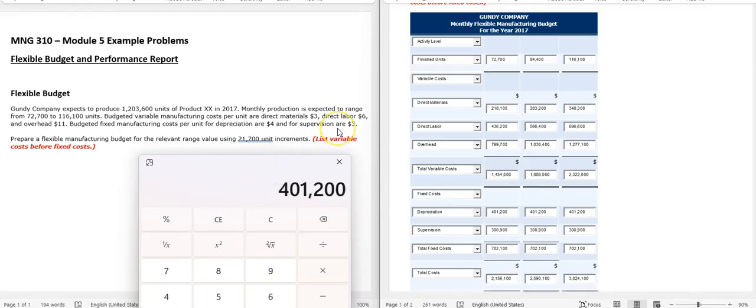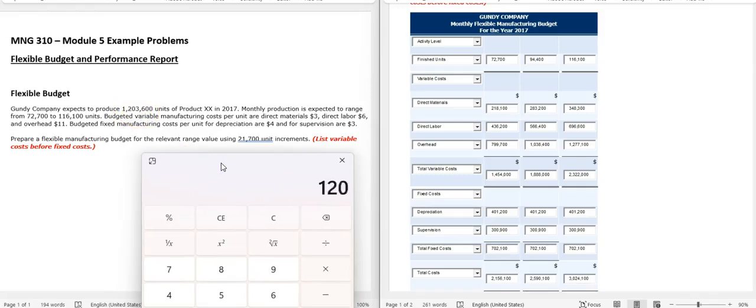Same thing for the supervision, 1,203,600 static budget, total units produced for the upcoming year, budgeted at $3 per unit in supervision fixed cost. They are anticipating total supervision fixed costs of $3,610,800 for the year. If I divide that by 12, I come up with budgeted fixed supervision costs of $300,900.